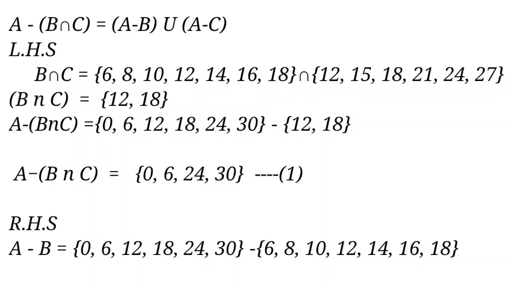Intersection means common elements of the set B and the set C. Therefore, B intersection C is equal to {12, 18}.